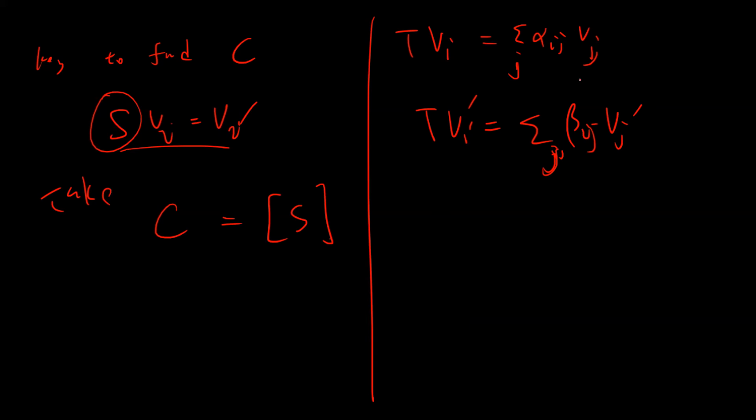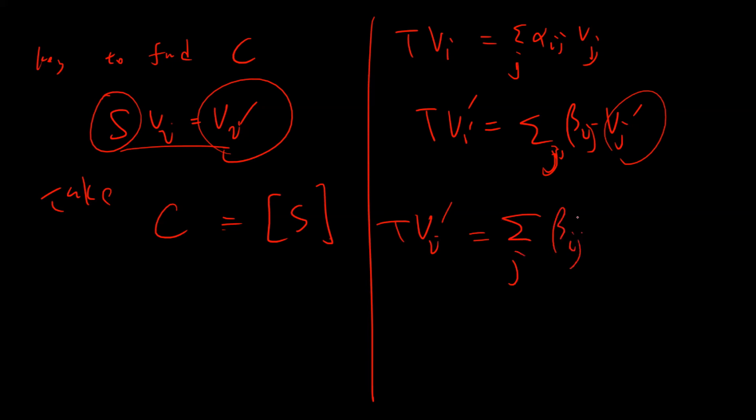So from here we just need a change of variable. I can directly take these, so I get T(Vi prime) equals the sum over j of beta_ij S(Vj).